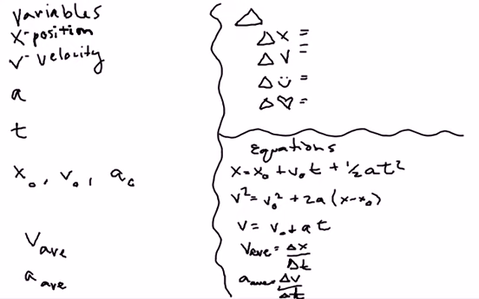So velocity, so you have a position. Your position is essentially where you are in space. You could be 1 meter away from your friend, 5 meters behind your house, 10 meters away from your car. It's where you are in relation to something else. Velocity, however, is how fast that position is changing.